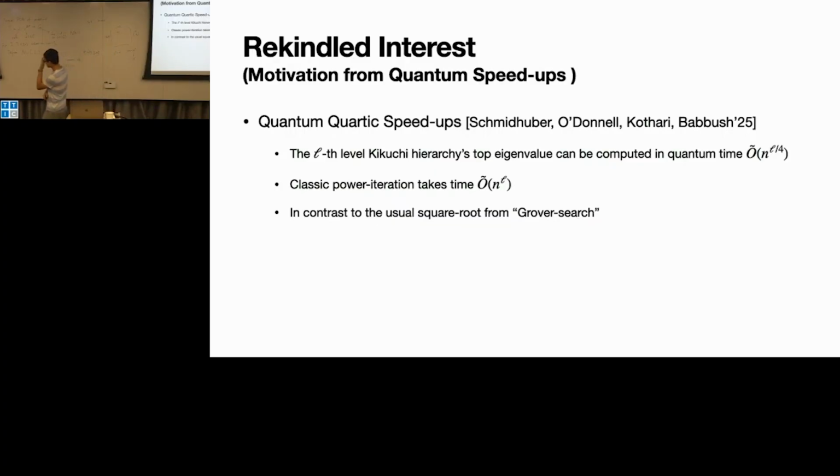I'm a bit confused about this result because this matrix has size roughly n to the l. So you need n to the l bits or qubits to represent it. Yes, this is 2l, I should say it's 2l and l over 2 here. It's over 2, but you are saving 1/4 in the exponent.